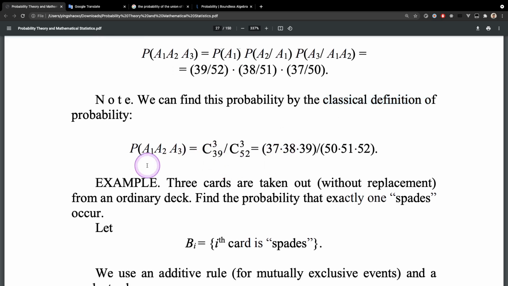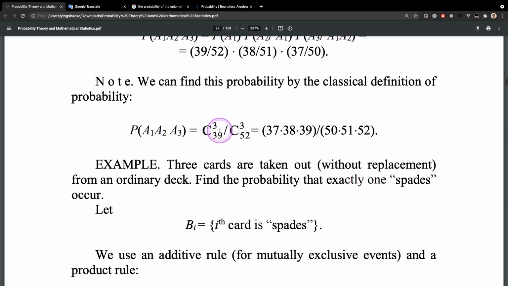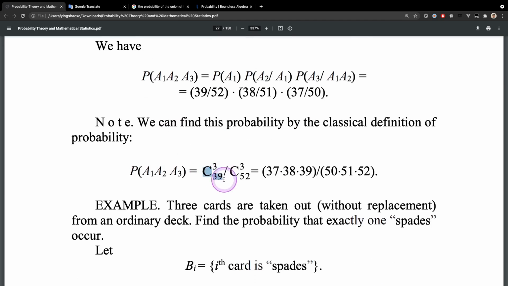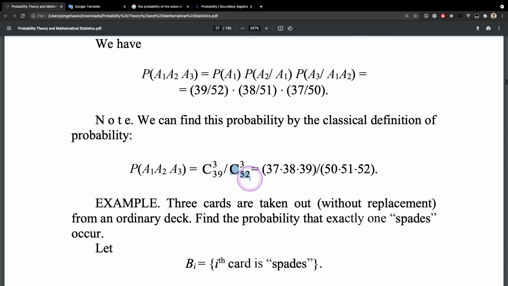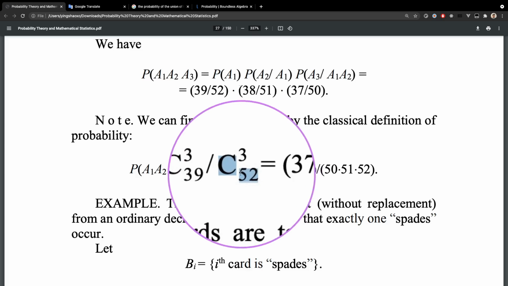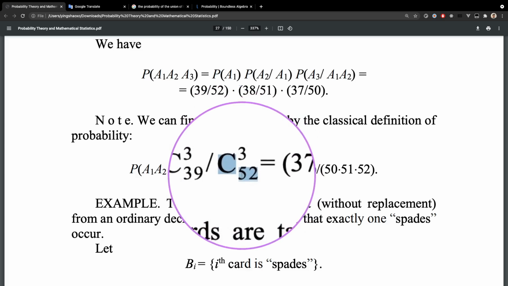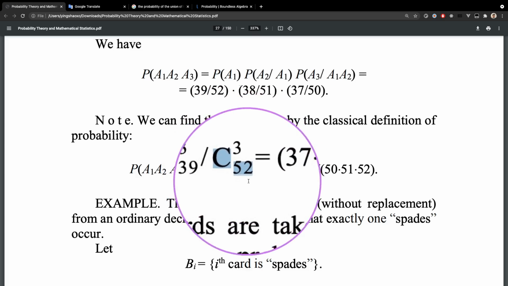Let's see how he calculated the answer. At first, he found the number of combinations for taking 3 cards from the 39 non-heart cards. That's the first thing he did. And the second thing he did is find the number of ways of taking 3 cards from the 52 cards, which is the whole pack.